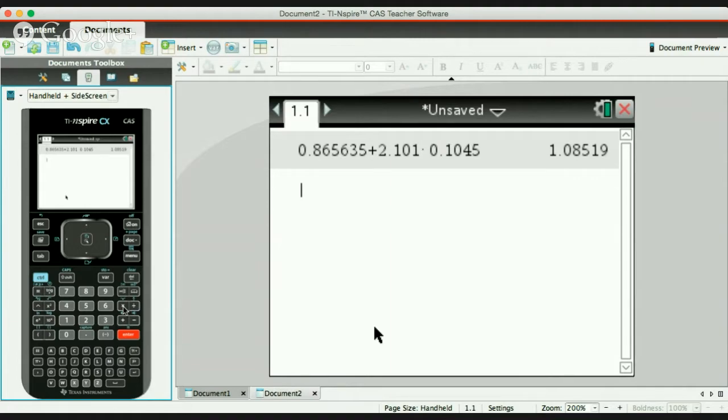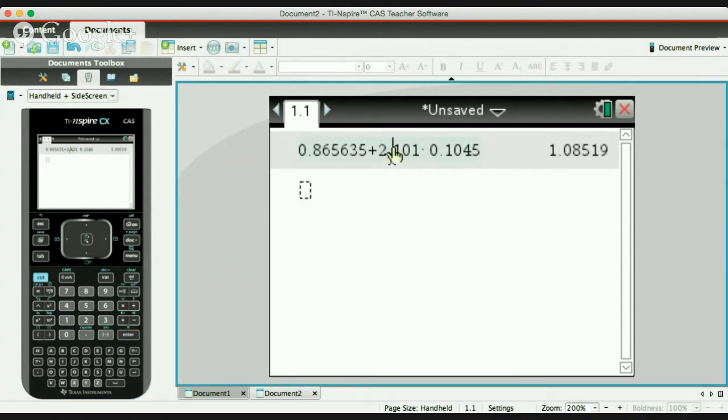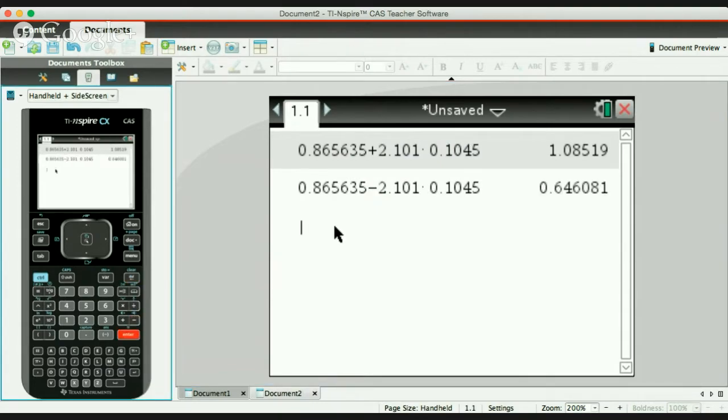And then my low end is going to be when I subtract. So I'm just going to copy and paste here and make it a subtraction. And I get 0.646.